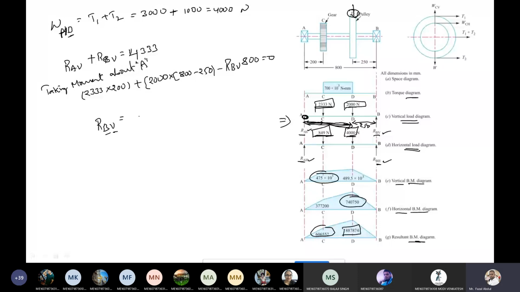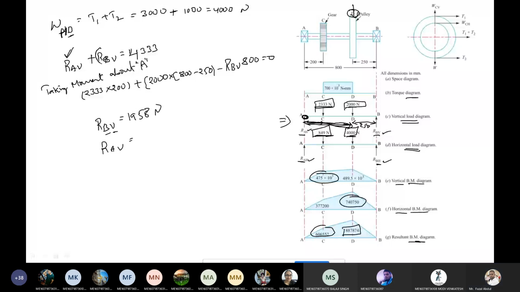1958. RBV value 1958. Very good. 1958 newtons. Now, what is RAV? RAV value I want. So substitute the RB value here and you will get the RAV value.